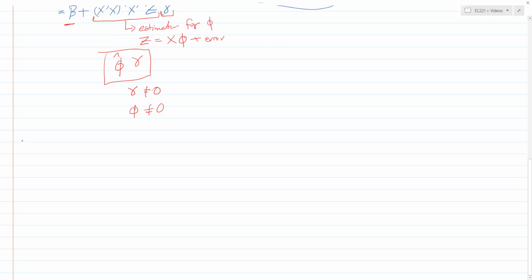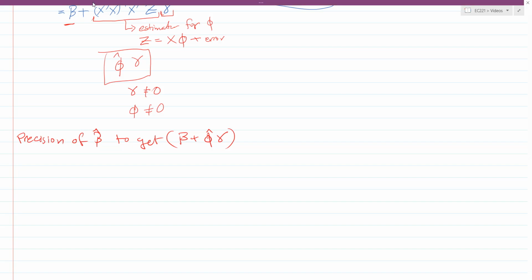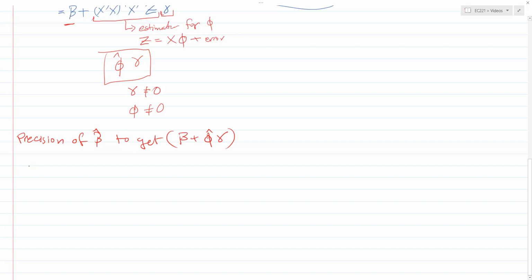So let me mark that: precision of beta hat to get beta plus phi hat gamma. This is a value, and this is what beta hat is trying to approach, but how precisely is it trying to approach it? So, the variance of beta hat.